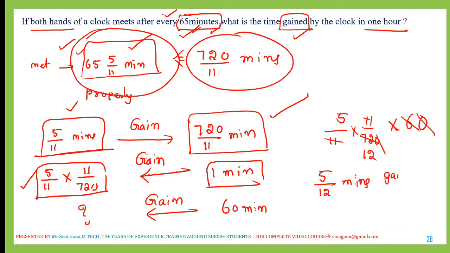Converting into seconds, 5/12 into 60, 12 5s are 60, so 5 5s, 25 seconds is the gain.